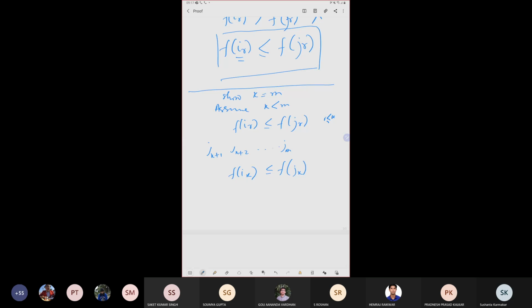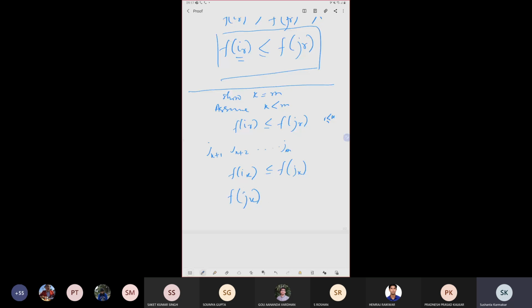And again, if I look at the optimal algorithm, I can write that f(j_k) is less than or equal to s(j_{k+1}). Sorry, this is not f, this is s.